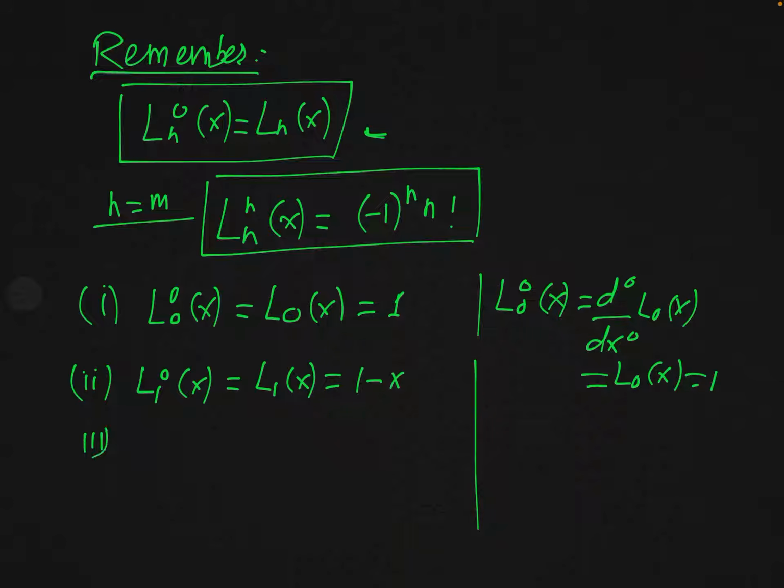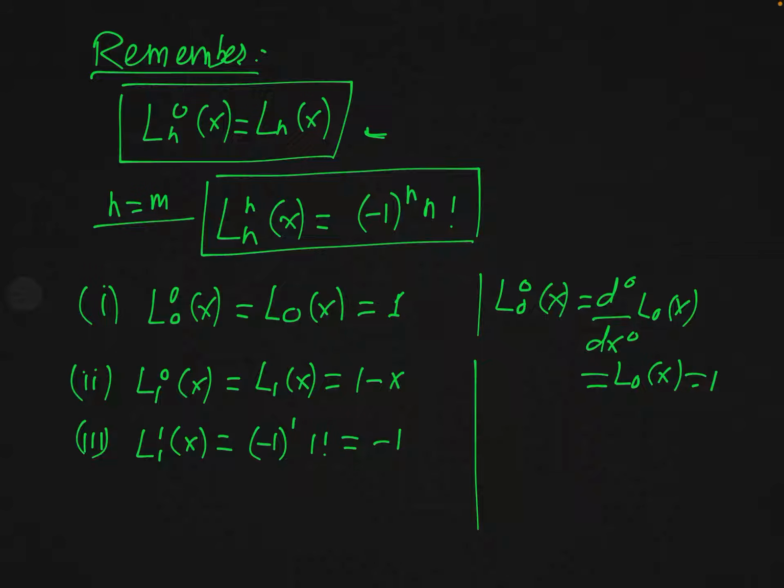Again we will evaluate L_1^1(x), and now use the property L_n^n(x) equal to minus 1 raised to the power n times n factorial. So here this will be minus 1 raised to the power 1, because n is here 1, and times 1 factorial, and this will be simply minus 1.